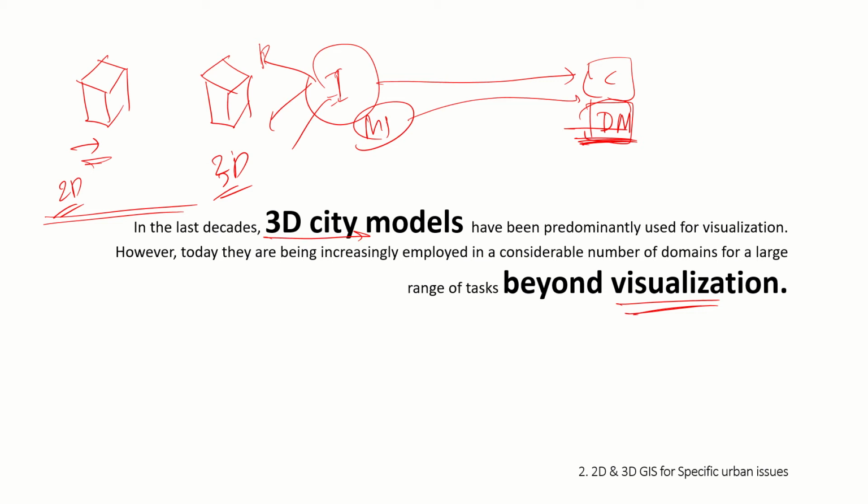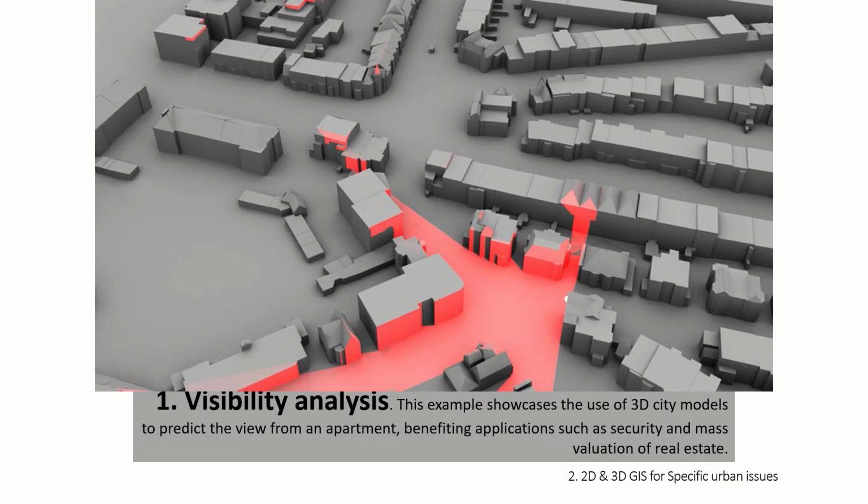I'm just going to show you some examples taken very quickly from literature, and some of the work that I've done during my research work and in collaboration with other experts. We use 3D for visibility analysis.